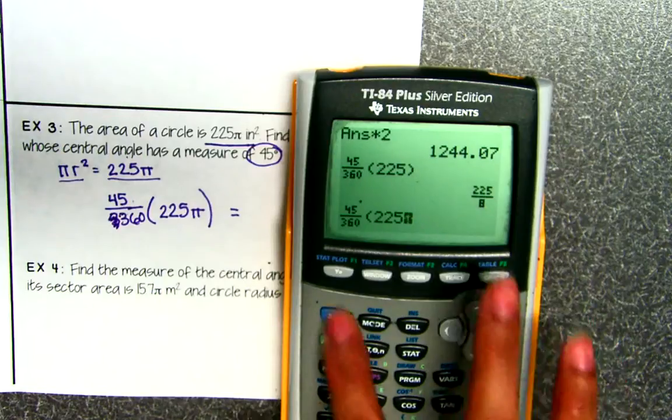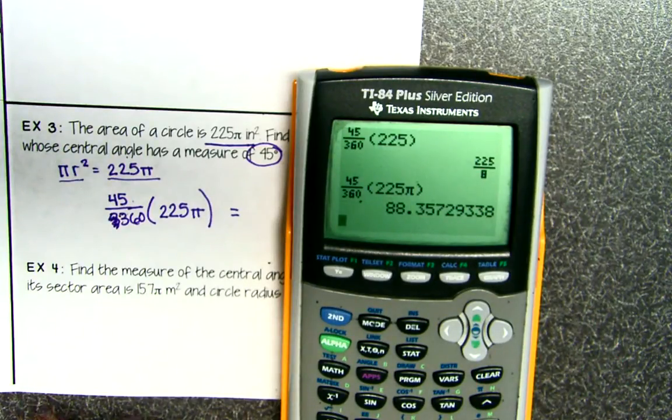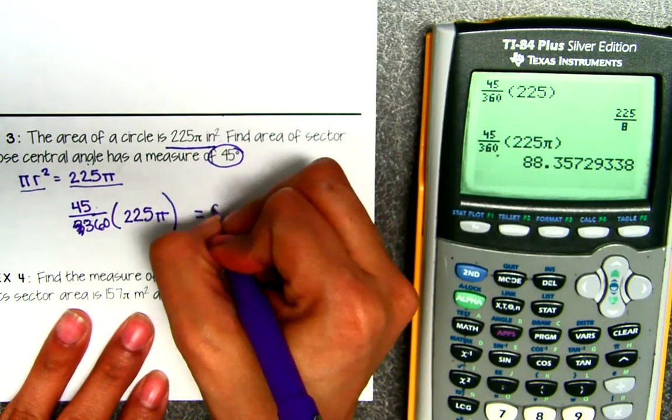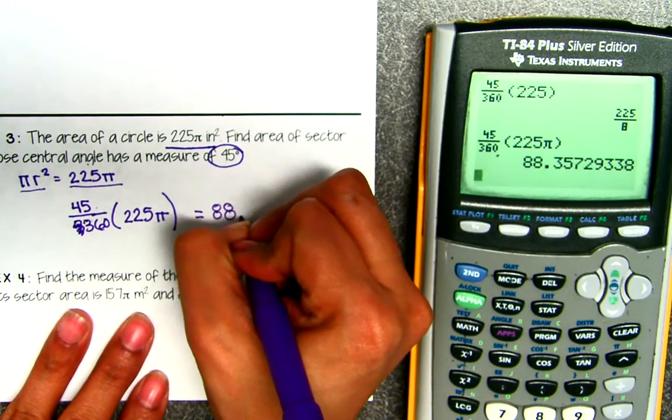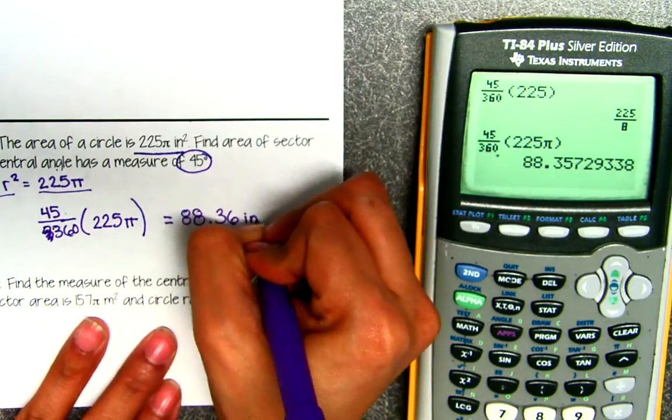Actually, yes, I am going to write it in. Okay, and I get 88.36, and that's inches squared.